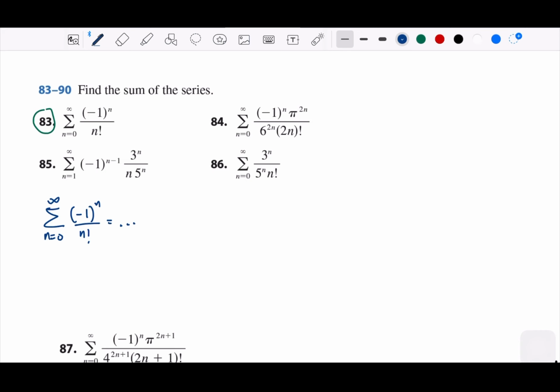Since the e to the x is this, this will be e with power of negative 1, or 1 over e.